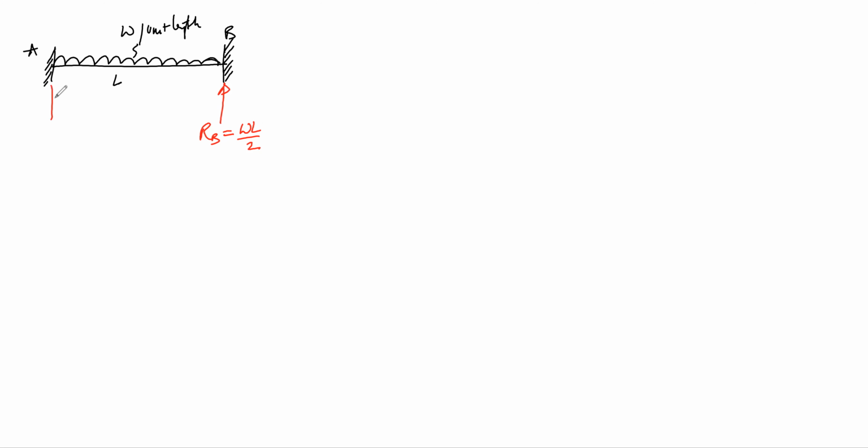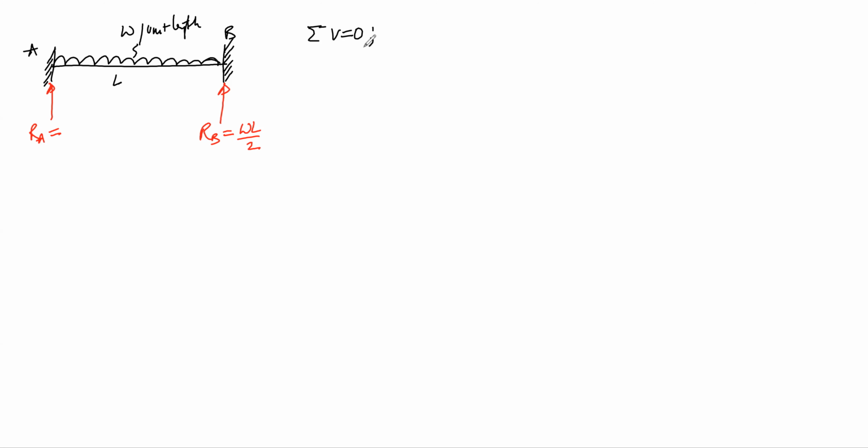Also we will have a reaction at A which we will consider as RA, and this can be determined by considering static equilibrium equation, that is sum of all vertical forces is equal to 0.